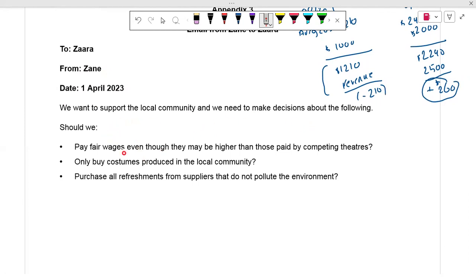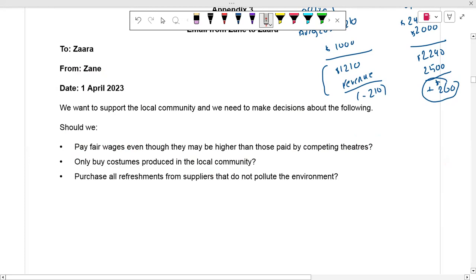Okay, so should we pay fair wages even though they may be higher than those paid by the competing theaters, and only buy costumes produced in the local community. So if they go with option 2, it will also decrease their cost of costumes, which is very high. We have seen in the financial data.